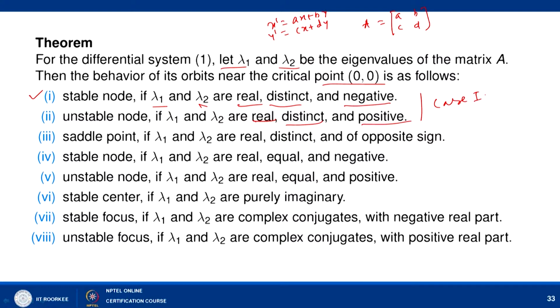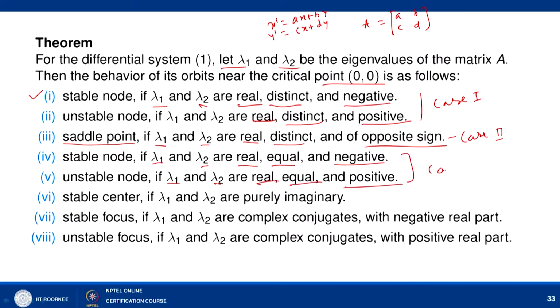Now, the second case is a saddle point if lambda 1 and lambda 2 are real, unequal and of opposite sign, and that corresponds to case 2, which we have already discussed. Stable node if lambda 1 and lambda 2 are real, equal and negative, and unstable node if they are real, equal and positive.